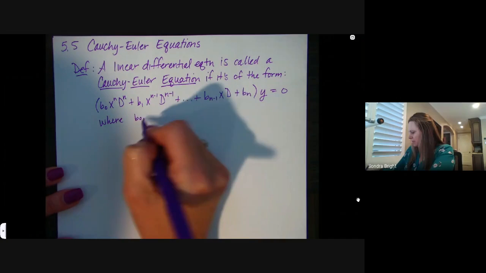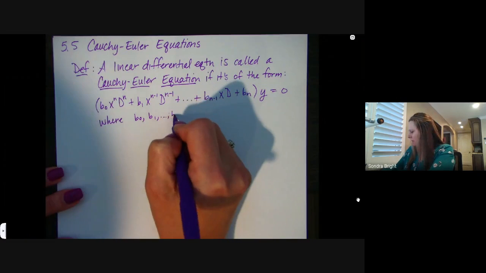So b naught, b1, all the way through bn are constants.